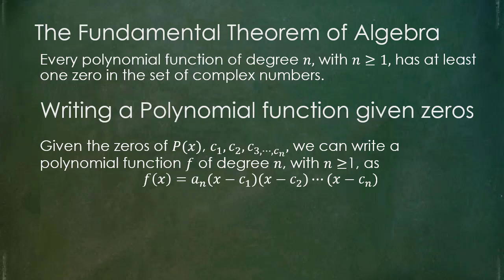When it comes to writing polynomial functions when we're given zeros, if I had a list of zeros, in this case using subscripts, c1, c2, c3, all the way up to cn, we would be able to write at least the factored form by just doing x minus each of those zeros inside of sets of parentheses.